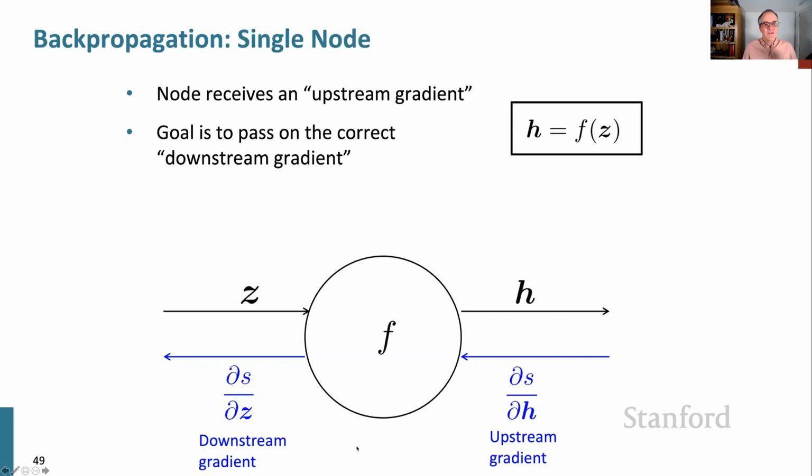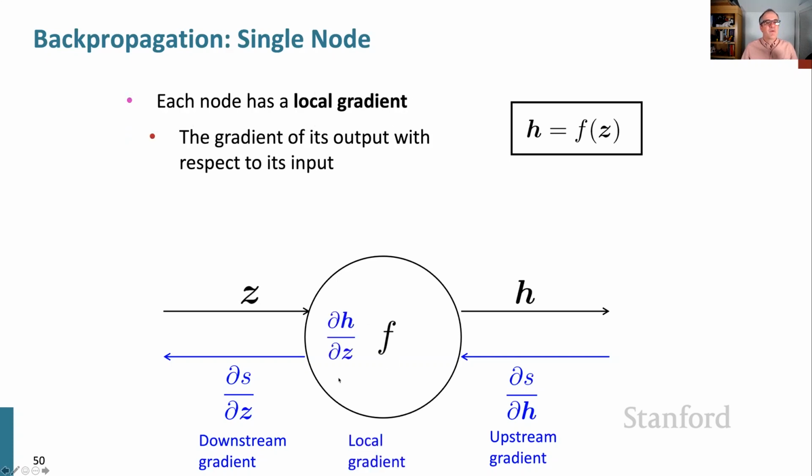And the way we're going to do that is say, well, for this function f, it's a function, it's got a derivative, a gradient. So what we want to do is work out that local gradient, dh/dz, and then that gives us everything that we need to work out ds/dz, because we're going to use the chain rule.